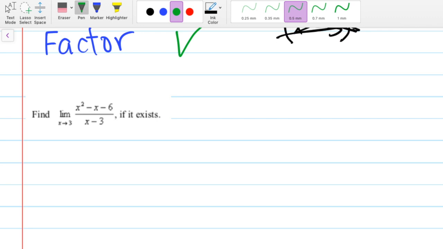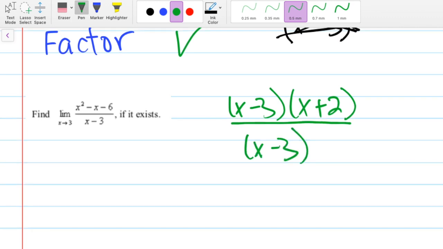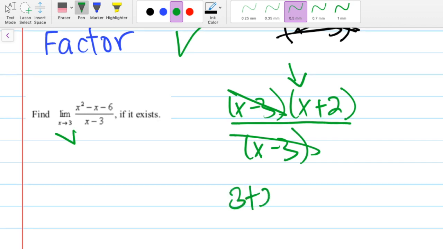So x minus 3, x plus 2 over x minus 3. Immediately, x minus 3 in the top, x minus 3 in the bottom cancel out. We see x approaches 3, so we plug that 3 in for x. 3 plus 2 equals 5, and that is our answer.